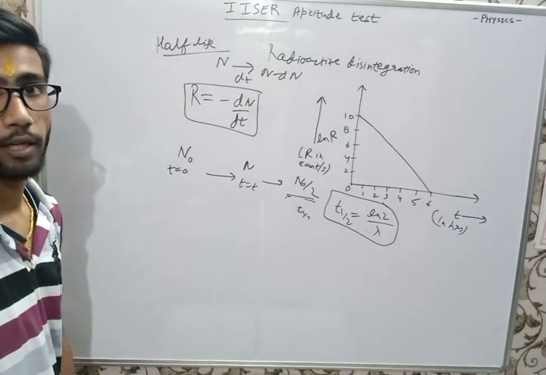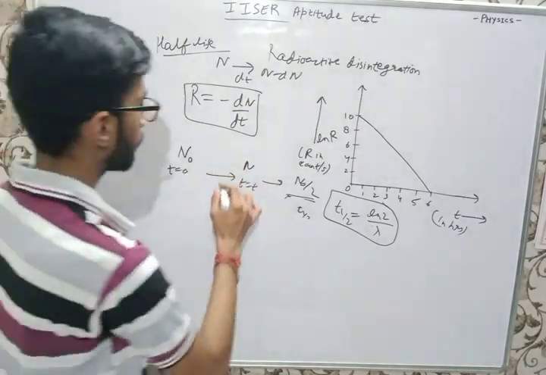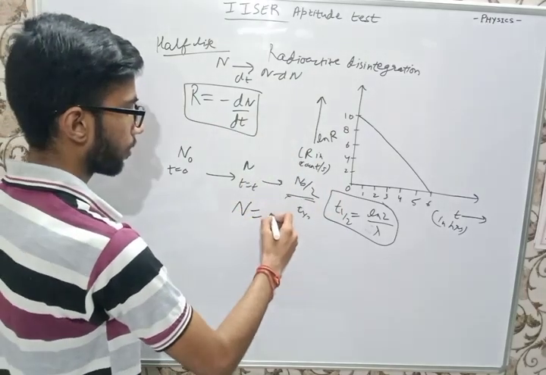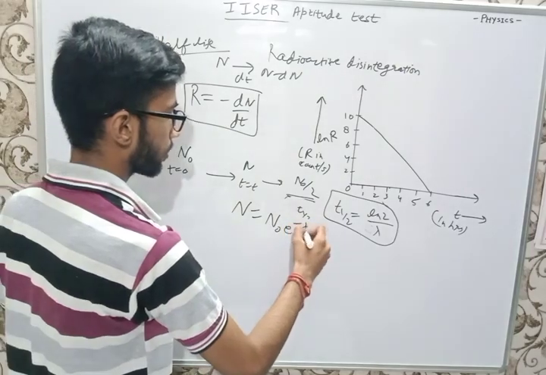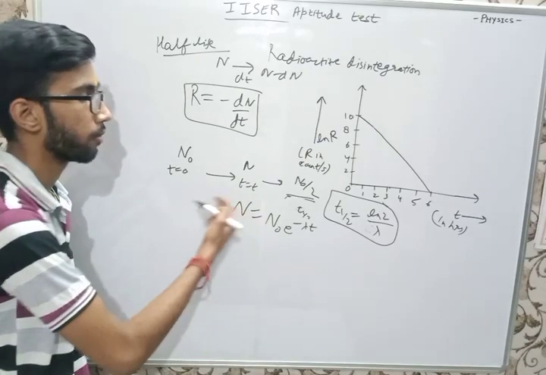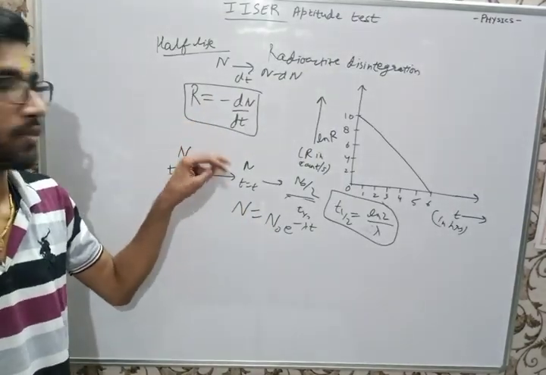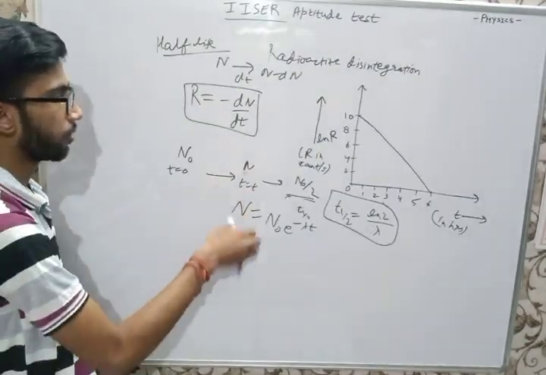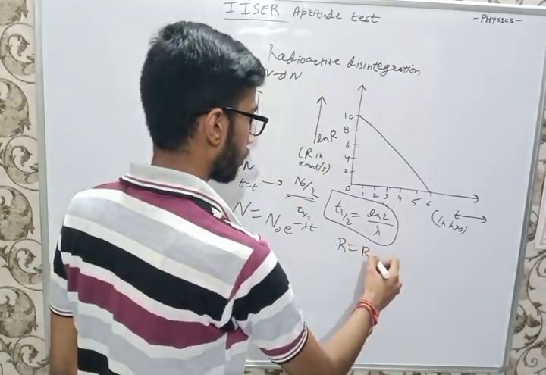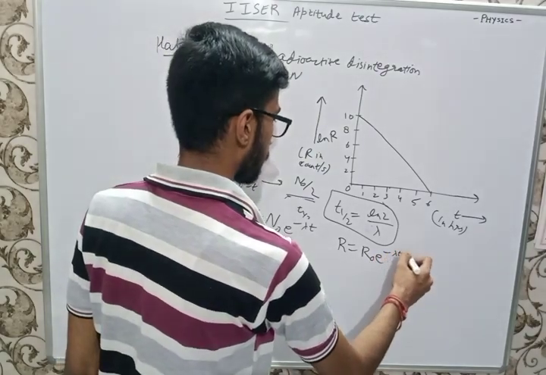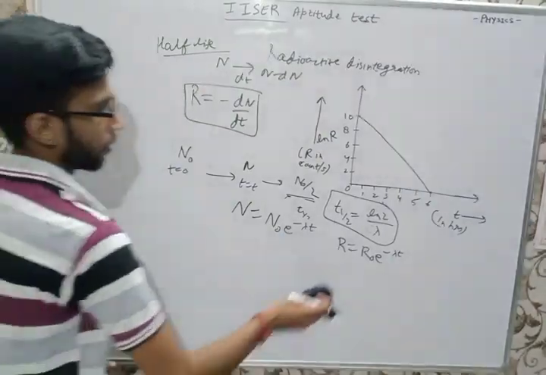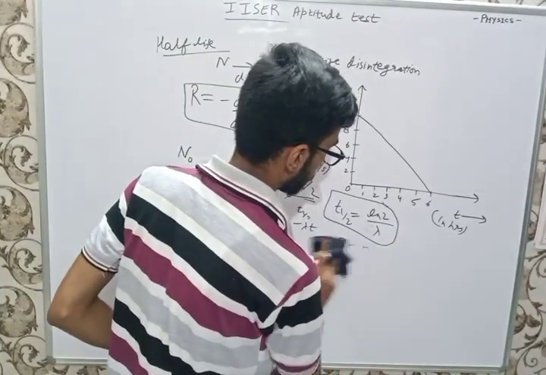The general radioactivity law, as you might have learned, is n equal to n naught e to the power minus lambda t. That is the expression for the number of nuclei. But here we have activity. If you do some calculation, you will get R equal to R naught e to the power minus lambda t. The same expression. So just use this expression.